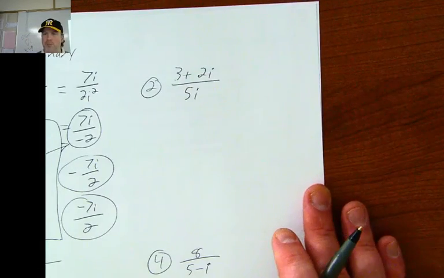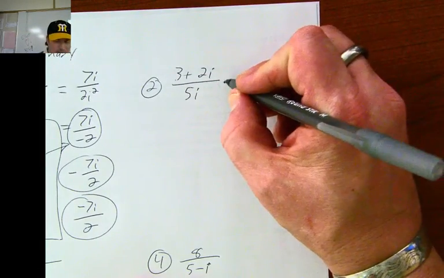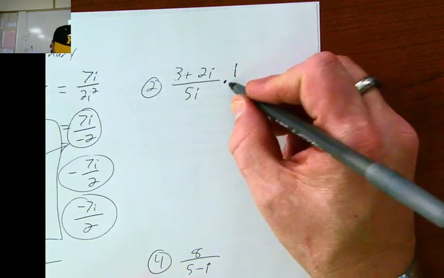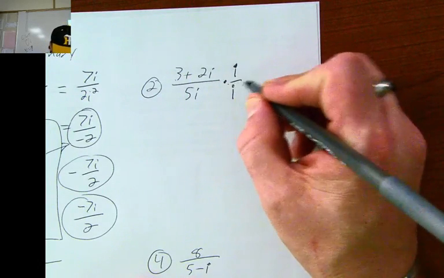Example 2. So using that same idea, you have an i on the denominator, so you're going to multiply the numerator and the denominator by i.